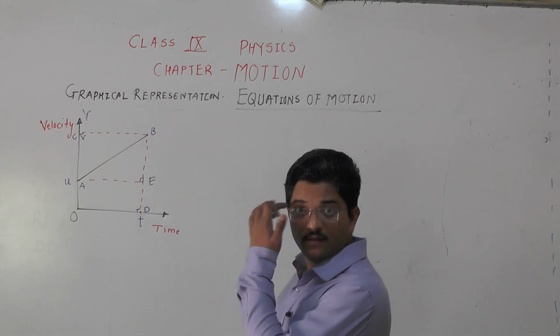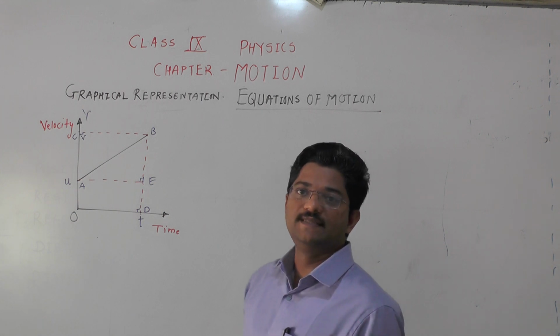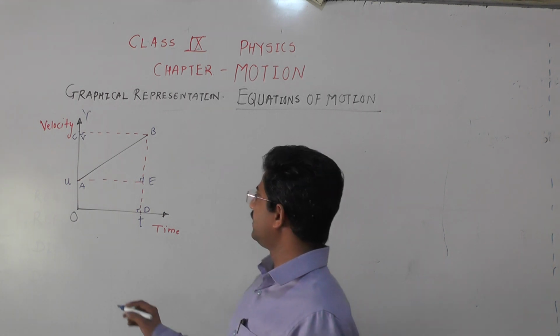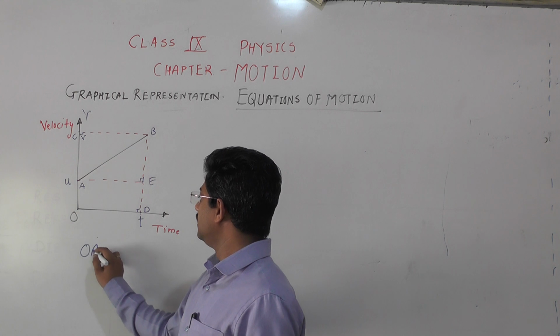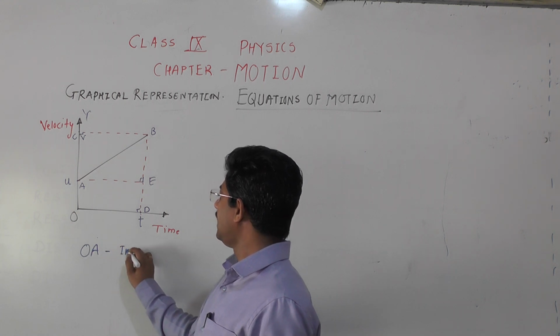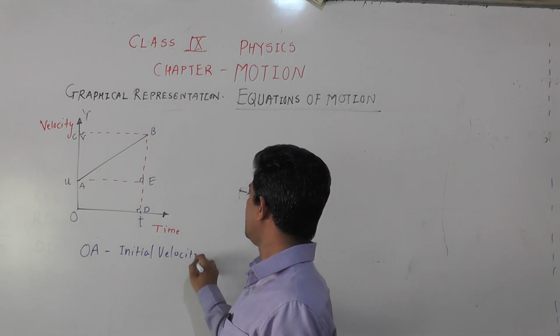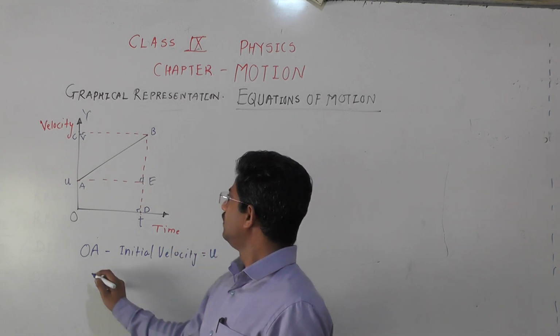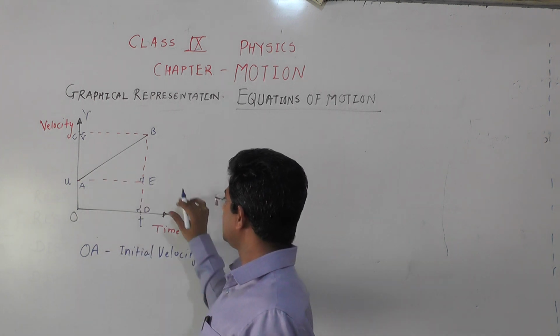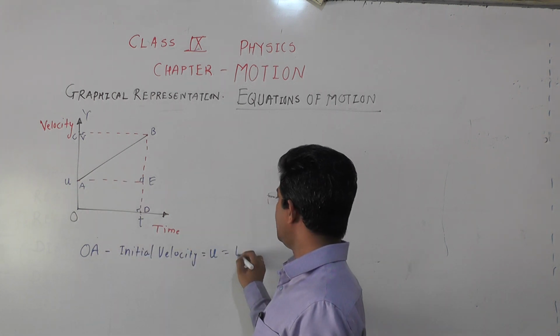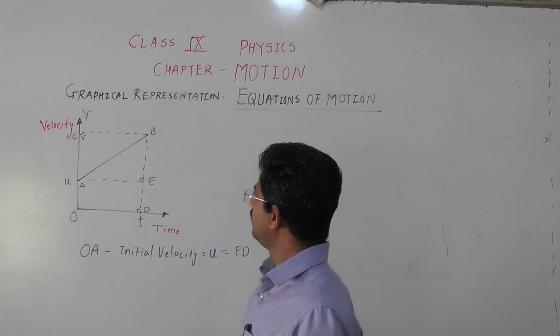Here, what these segments represent, we will write it again. The OA segment represents the initial velocity, denoted by u. OA is equivalent to AD here.